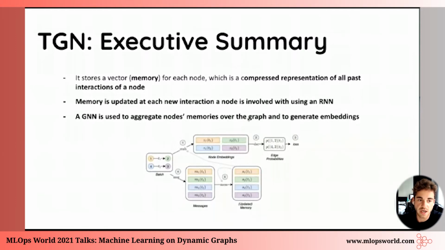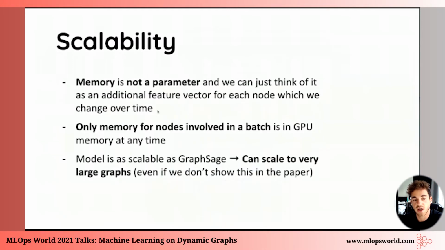A little side talk about scalability. It turns out that the memory that the model uses is not a parameter. So we can think of it as just an additional feature vector for each node, which just changes over time.